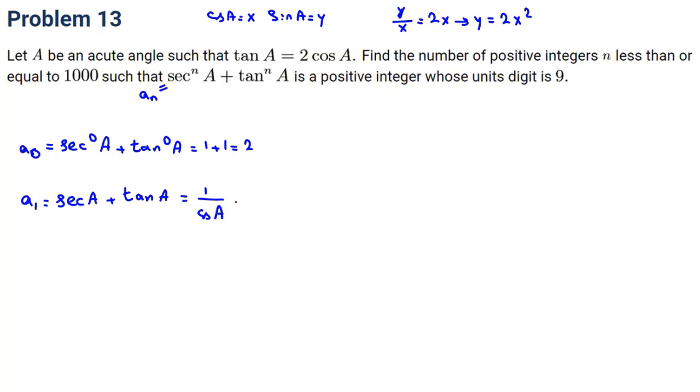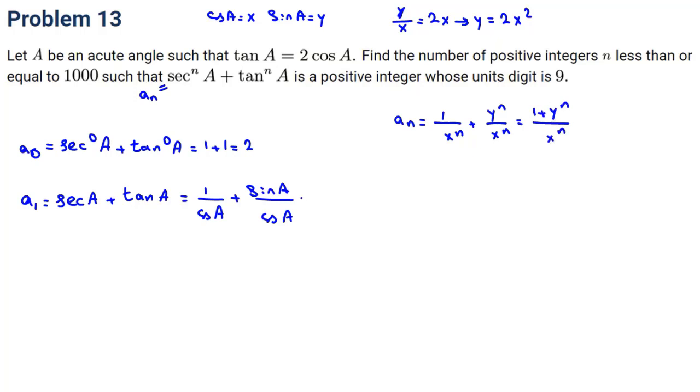Now here is 1 over cos a plus tangent a is sine a over cos a. Also in general we can say an. You can say 1 over cos a to the power of n, 1 over x^n plus y^n over x^n. It is 1 plus y^n, all over x^n.